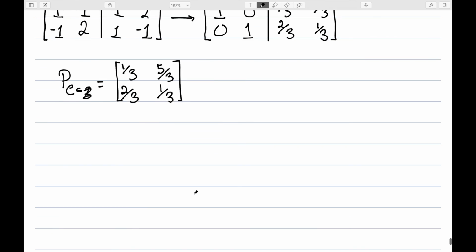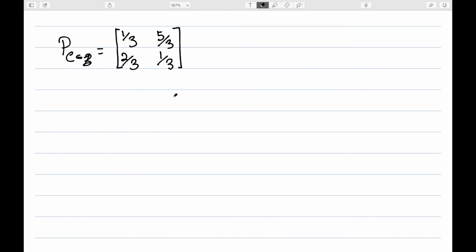To go the other direction, we want to take the inverse. So let's start by finding the determinant of this. Multiplying this way, I have 1/3 times 1/3, minus multiplying this way, 5/3 times 2/3. This is 1/9 minus 10/9, or -1.